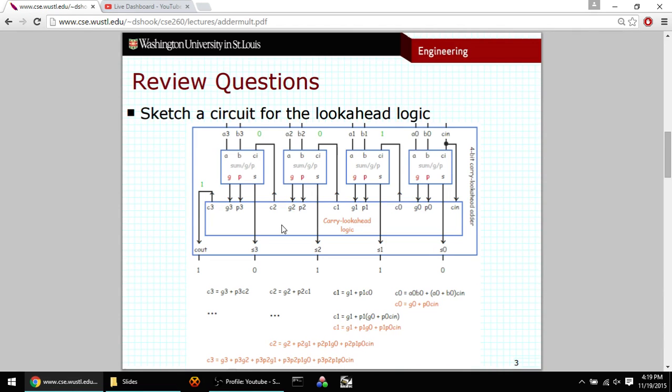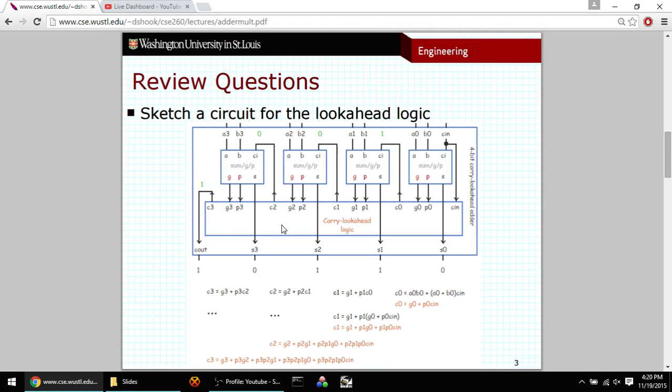On the right side, I've got G and P coming in, right? I've also got my carry in bit coming in. So if I want to know whether or not a carry out bit is coming, what do I need to do? Well, I just need to apply those expressions. A carry out bit is going to happen under what conditions?